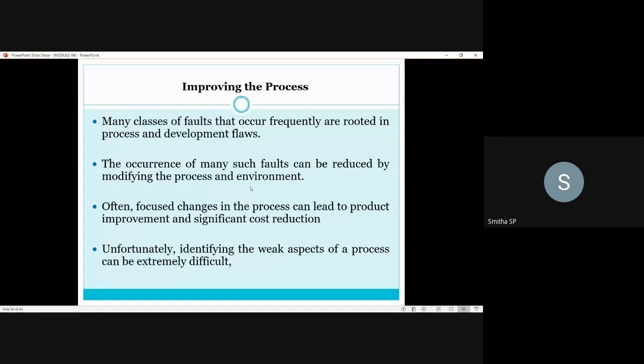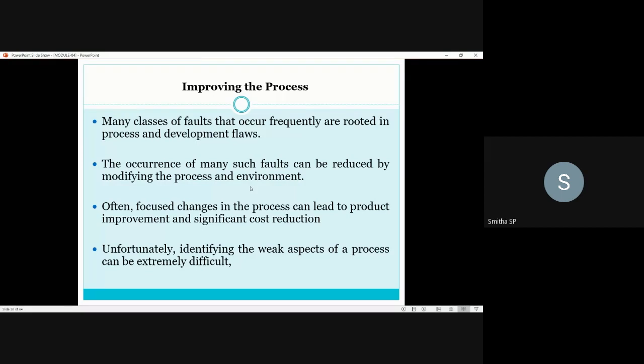So what happens when you change the process, when you change the development environment of that product, it can lead to the product improvement, and together with that you can see the reduction in the cost. So when you go for changing the process and changing the environment, you can have the advantage or benefit of that.